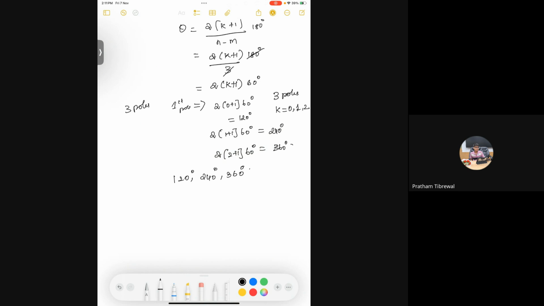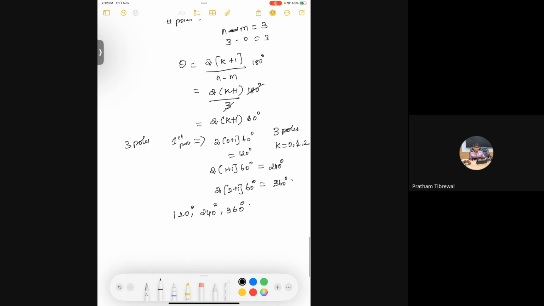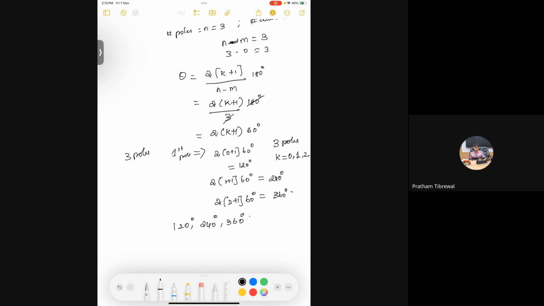Okay. So we will substitute k values as 0, 1, and 2. I think I made some mistake here. Let me check quickly. N equal to 3, 180, 60.